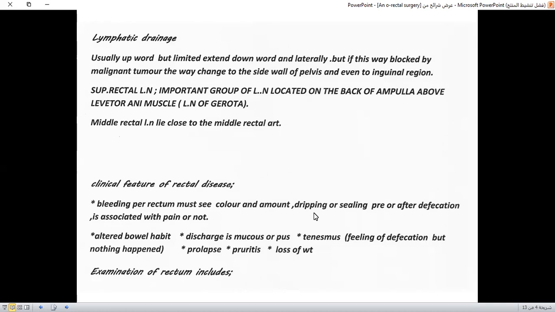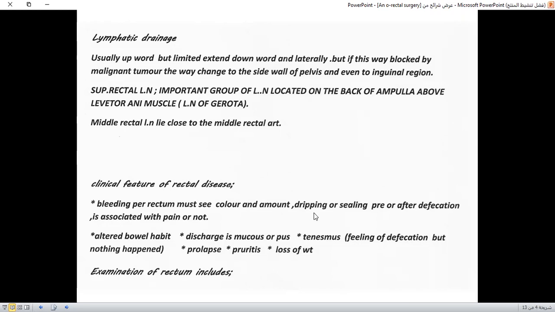Also, other symptoms like altered bowel habits, constipation, sometimes diarrhea, mucus discharge, tenesmus, feeling of defecation, but nothing happened. Prolapse, rectal prolapse, pruritus, and loss of weight, especially in malignant disease.